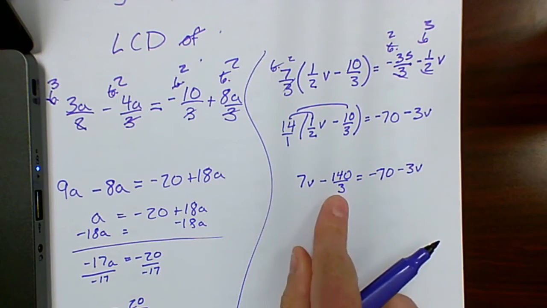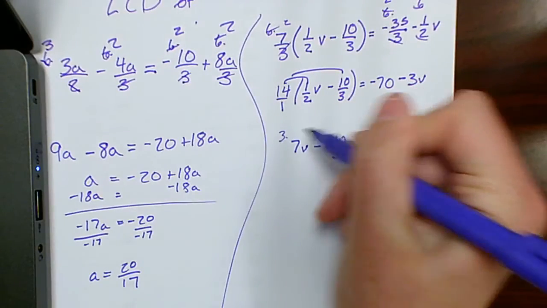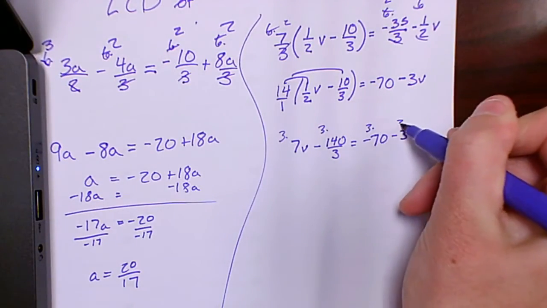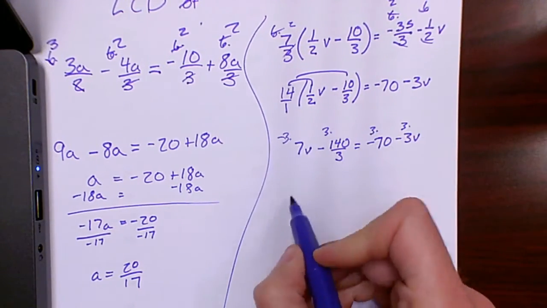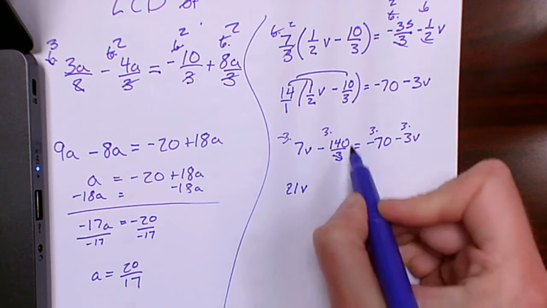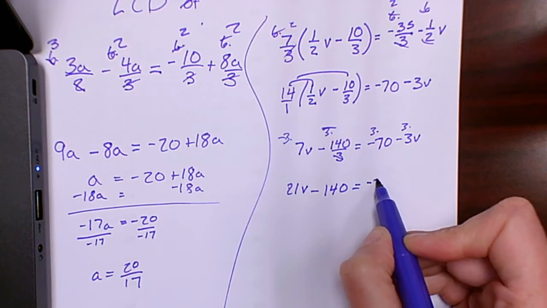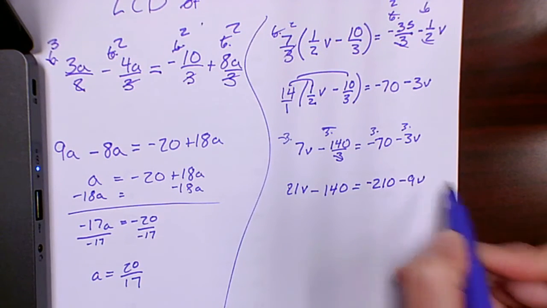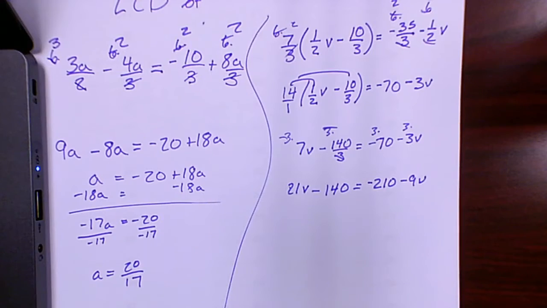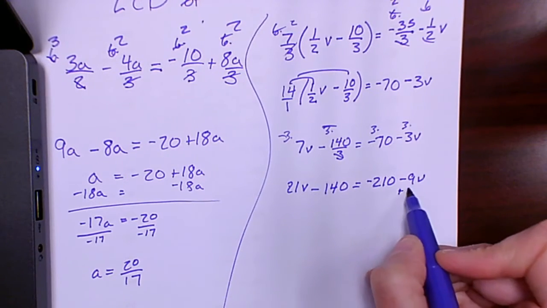Okay, we have a fraction again, so we need to multiply every single term by 3 to get rid of our denominator. Now we need to do some swapping around.